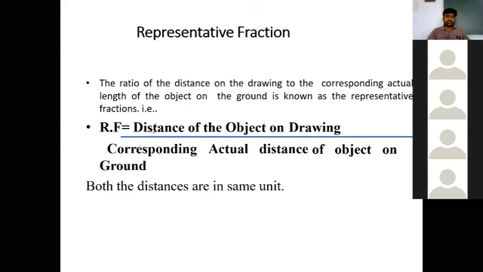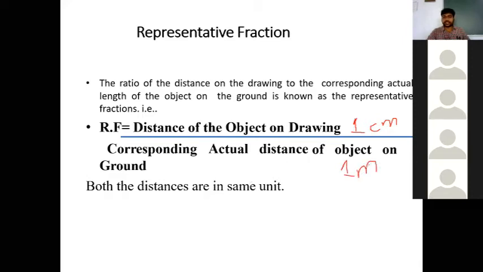Okay, so distance of object means, I will take a small example. I am taking 1 centimeter. Whenever I draw 1 centimeter on the drawing sheet, corresponding to this, how much is it going to carry on the ground? So here I am going to take 1 meter.